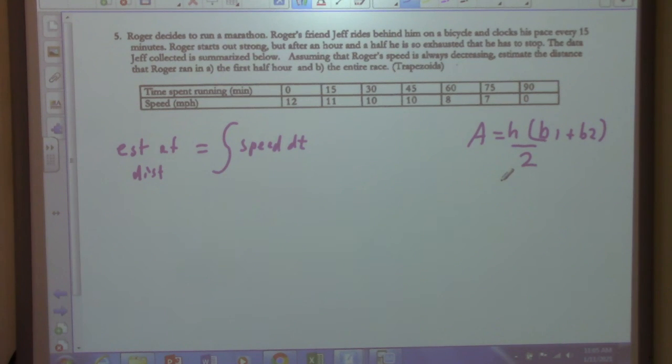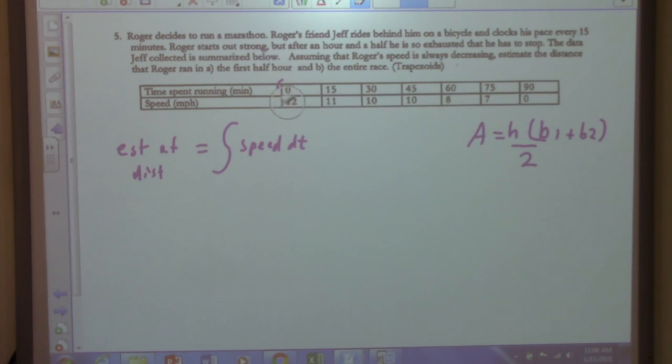And so what you're doing is making trapezoids all through this. Your bases are going to be found here, and your height is going to be found here for the time.